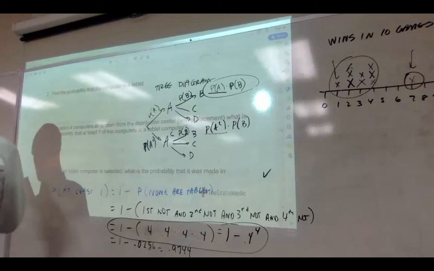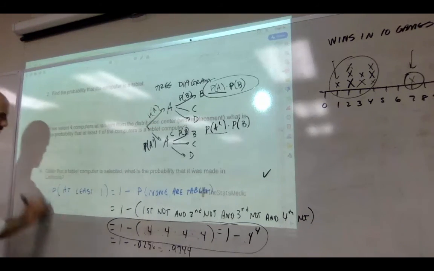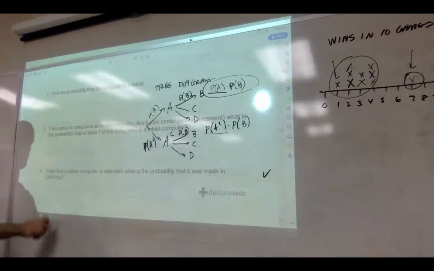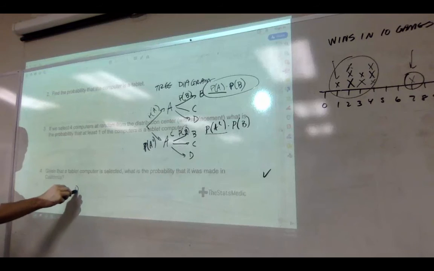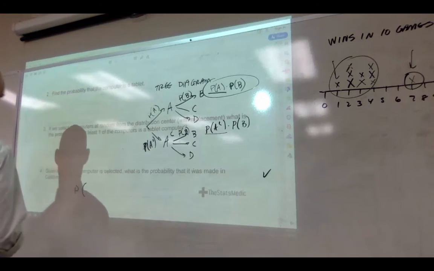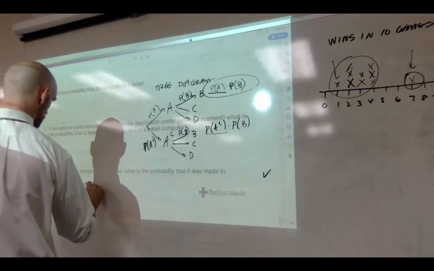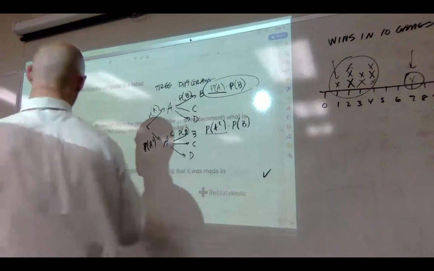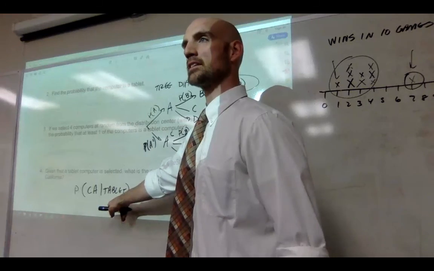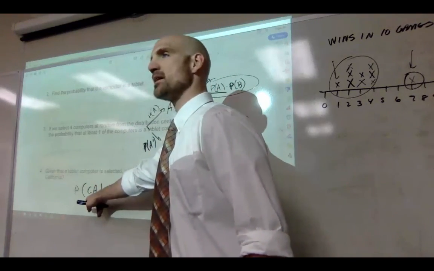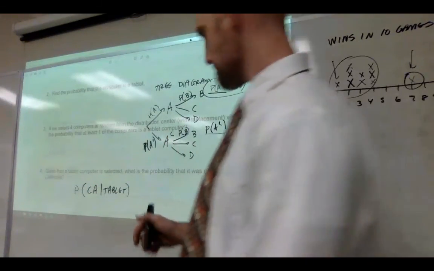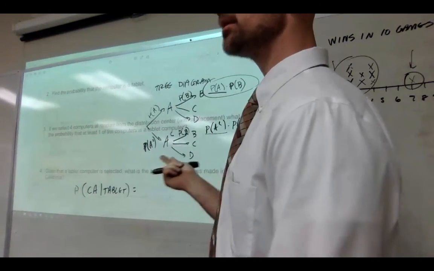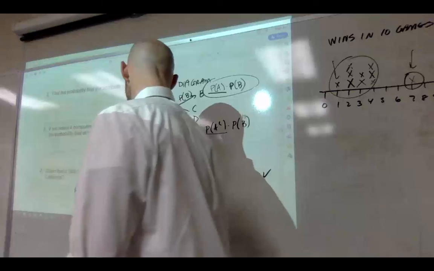So straight up, let's talk about number 4 real quick. I know we got like 26 seconds. Not even. Given that a tablet computer is selected, what's the probability that it was made in California? What's the probability that it was a tablet? 0.6.